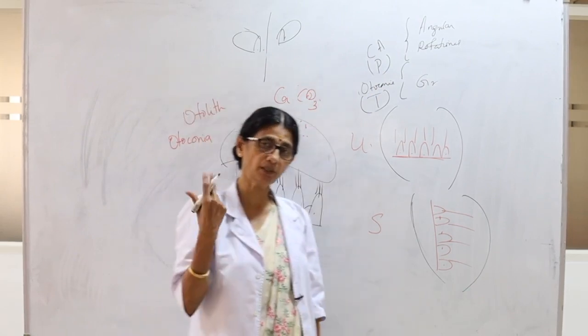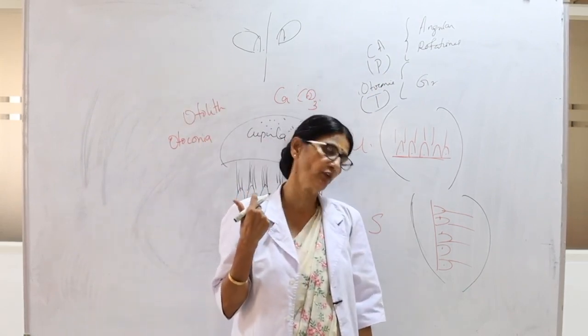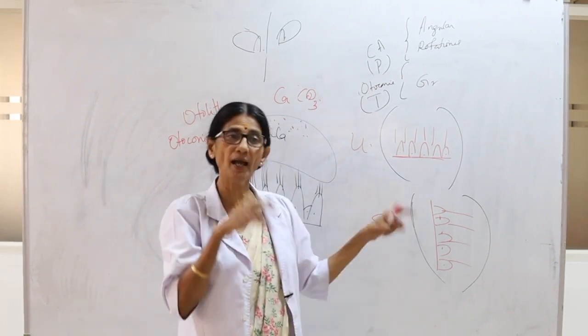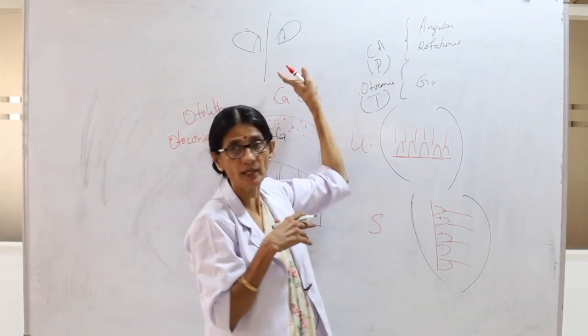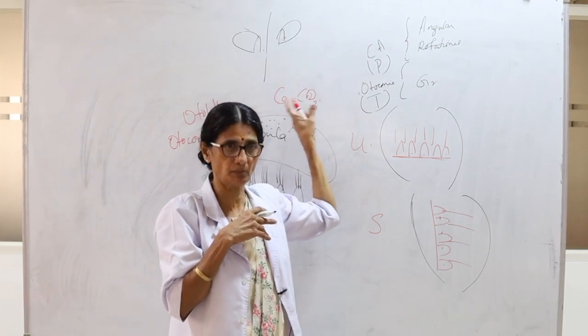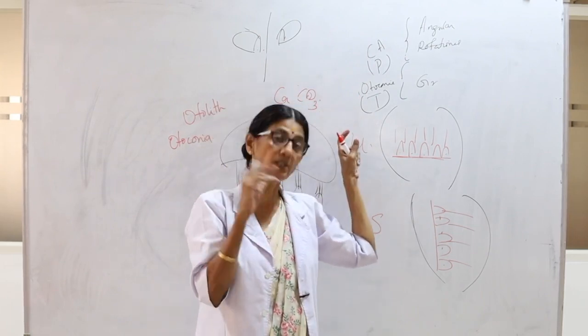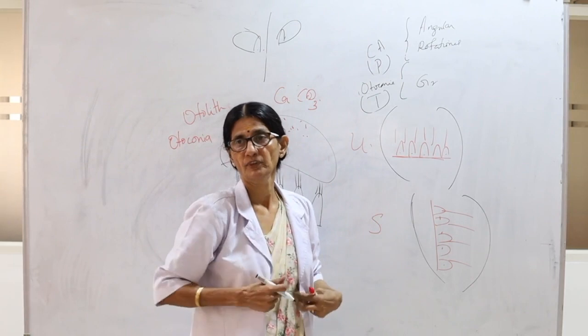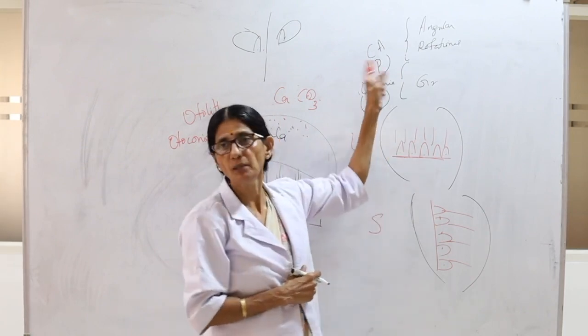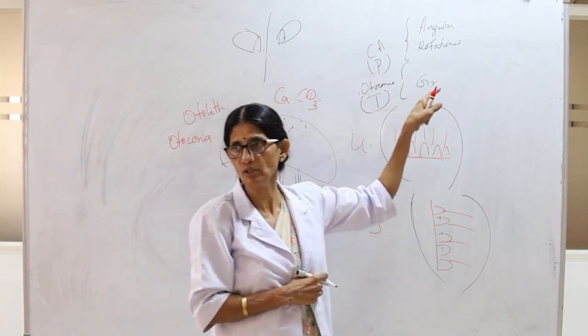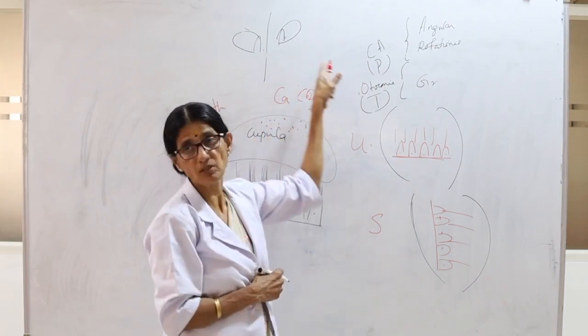Even otherwise, if the person just tilts his head to the left or right, touching the shoulders, that is another form of angular acceleration stimulating the receptors of the semicircular canal. Rotational, as the person spins the head, also gives rise to the same type of angular acceleration which will stimulate the receptors of the semicircular canal.